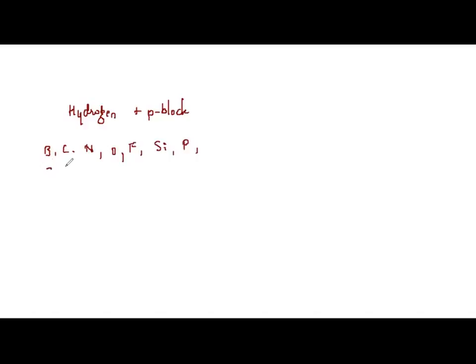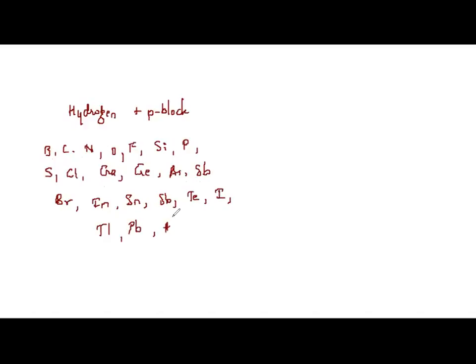It might be sulfur, chlorine, gallium, germanium, arsenic, antimony, Sb, bromine, indium, tin, Sn, strontium, tellurium, then iodine, then thallium. You may pick lead, or it might be astatine.